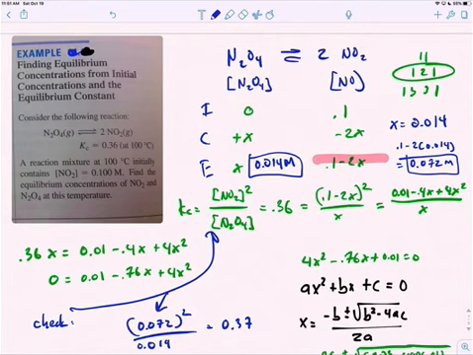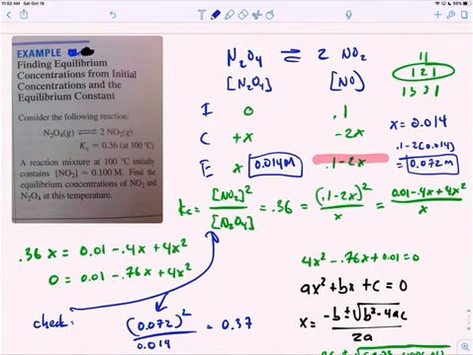So with the initial of 0.1 molar of product and 0 of reactant, that means the extent of reaction goes towards the reactant side, and you have one extent of reaction for the N2O4, and you lose two extents of reaction for the NO2. And then the equilibrium value is the extent of reaction for the N2O4, and 0.1 minus 2 times the extent of reaction for the NO2.